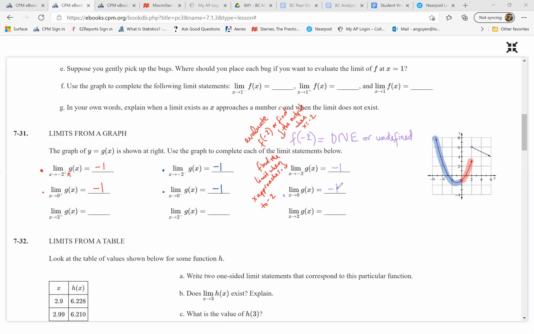Before we go further, is there anything you notice when you take the limit on both sides and when you take the limit at that point? Is there anything you guys notice? Now I need to know your observation.